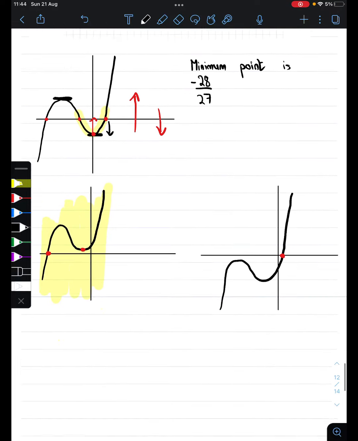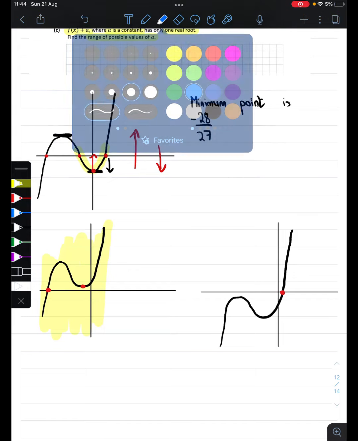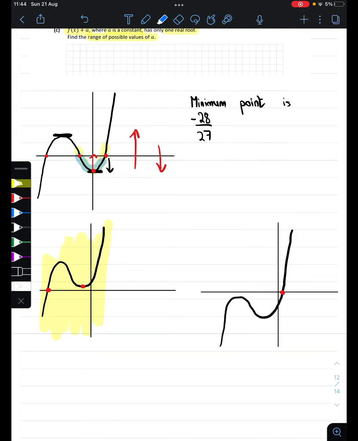So if we add 28/27 to the graph, or more than 28/27, then this stretch of the graph here will be above the x-axis. So if a is greater than 28/27, we will have one real root.